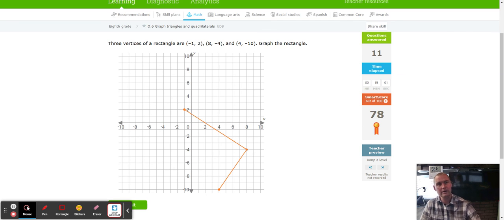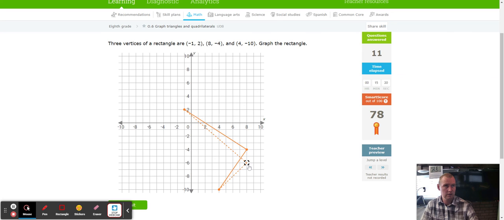So we need to figure out, well, how do I get a point over here and how do I get the landing exactly? Because to me it looks like it's right there, but I want to be sure. So here's one way of doing it. Find the slope. Actually, let's go from here because we have that point up here.